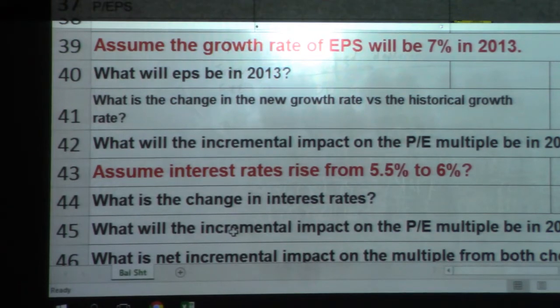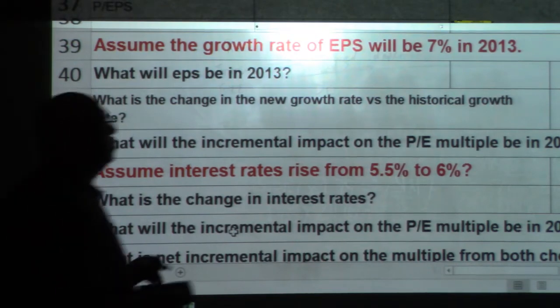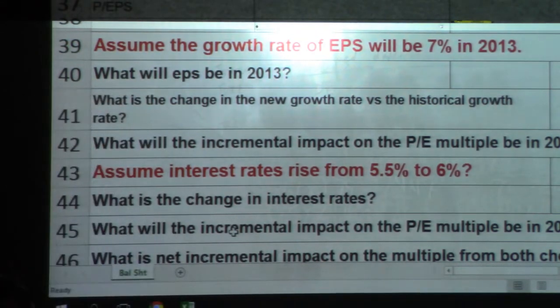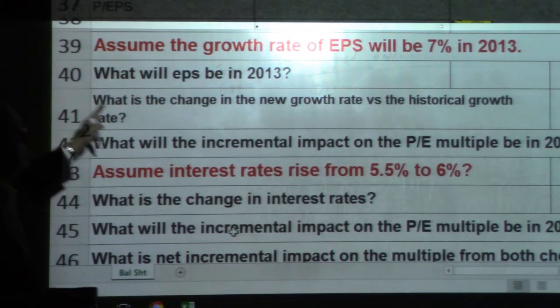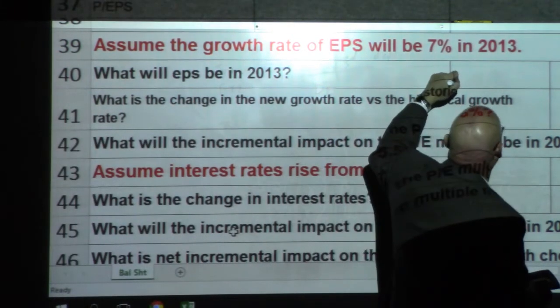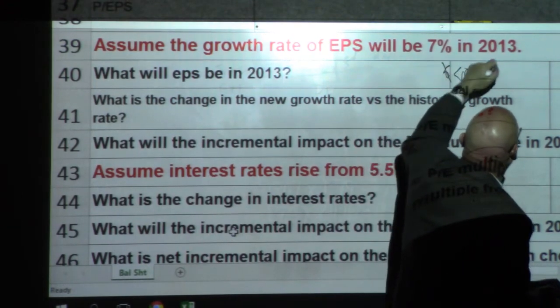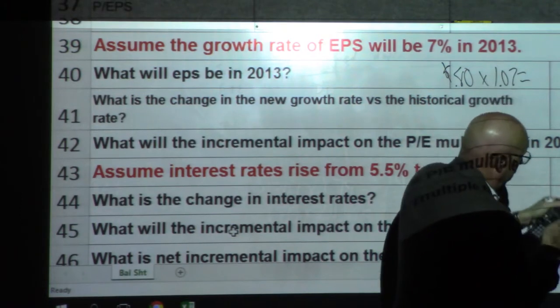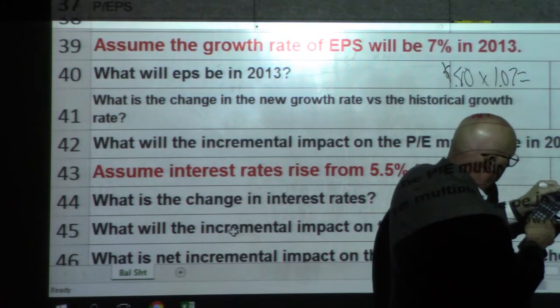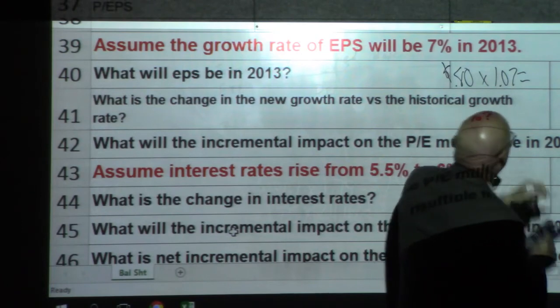The growth rate that we calculated using CAGR of net income and SGR was, no, 5.32%, I'm sorry. That was our average. So first of all, let's calculate earnings per share. The estimate for 2013 is 80 cents from last year times 1.07, our new growth rate.